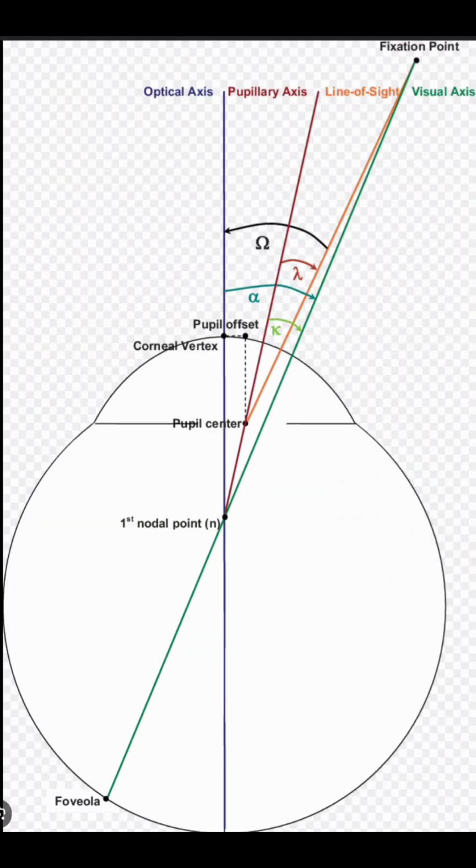And that angle is called angle alpha, between the visual axis and the optical axis. Visual axis is the line passing through the fixation point, nodal point, and extending to the fovea.